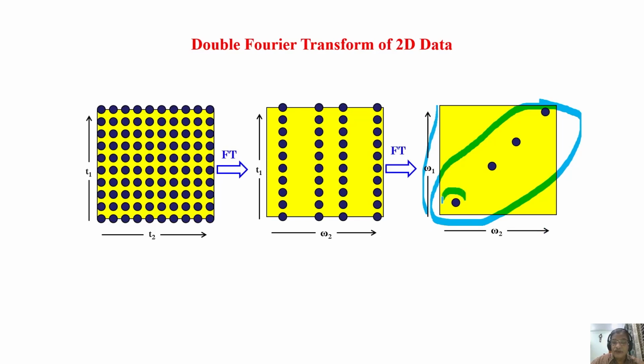Now if I look at this peak here, I can say in this dimension, in the F2 dimension or T2 dimension, see, dimension can be mentioned as T2, T1, F1, F2, omega 1, omega 2, direct dimension, indirect dimension. These are the nomenclatures people use. For example, the T2 dimension is a direct dimension where we detect the signal. After Fourier transformation, it is an omega 2 frequency. F1 and F2 are the two frequency dimensions.